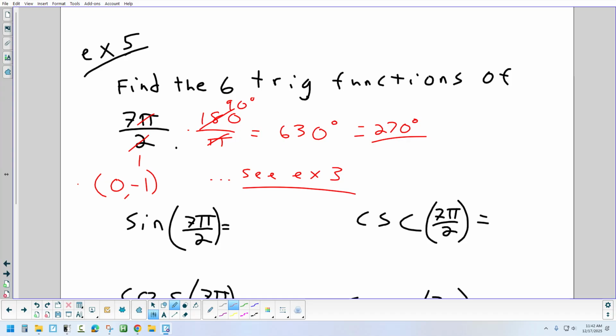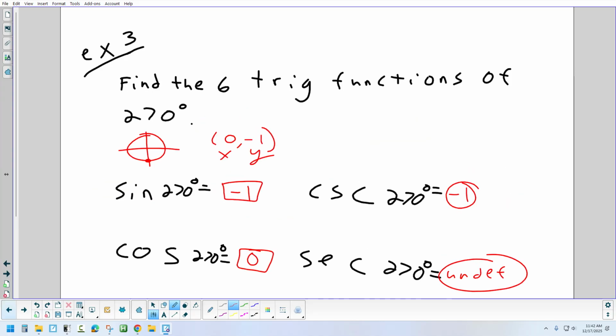So you have to know how to change radians to degrees, and then add or subtract 360 if you get an angle that's too big or too small. But all these answers are going to be the same as example 3 because the coordinate is 0, -1, and that's the same coordinate we just did.